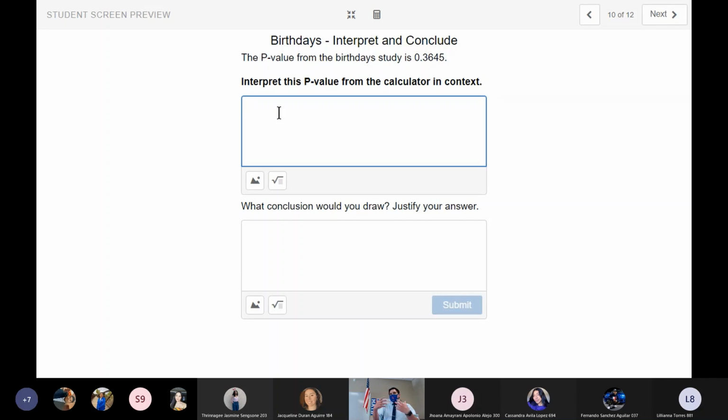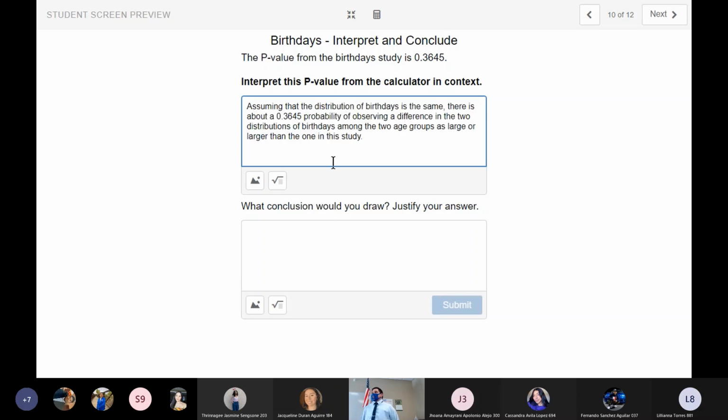The p-value represents the probability of observing results this large or larger in the distributions of the groups. That's what p-values represent in any of our contexts from this course. When it says to interpret a p-value, it's always based on the assumption that the null hypothesis is correct. It's the probability of getting the result that we saw or larger, essentially.